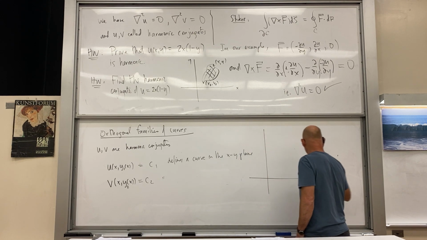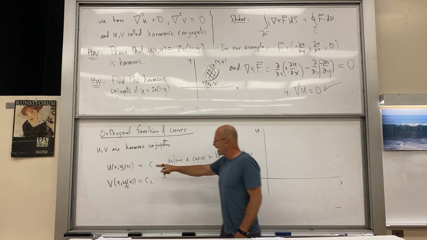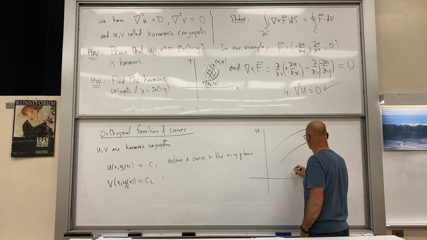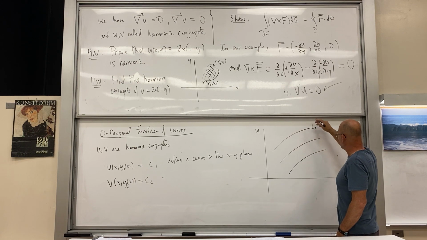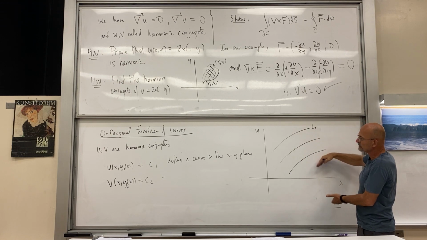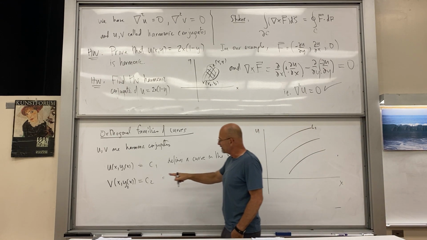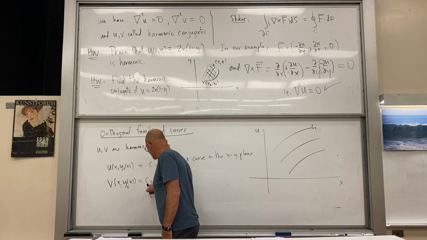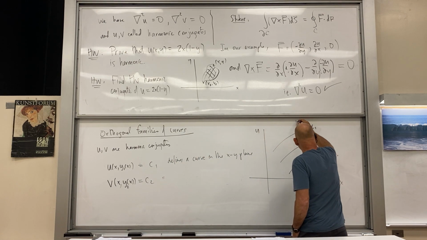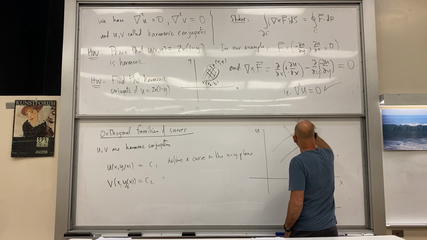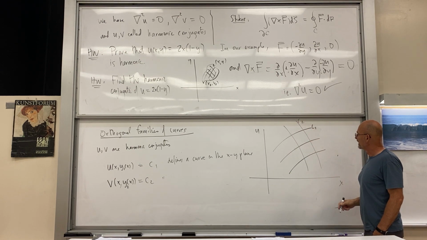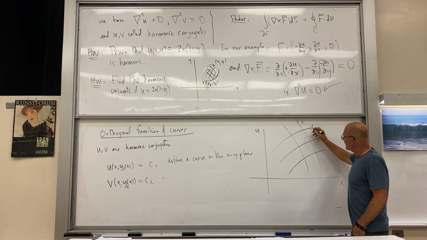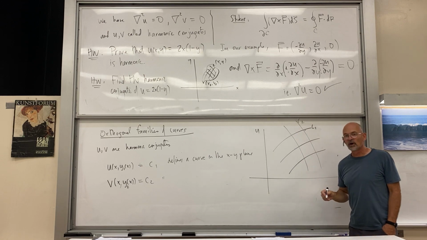And so you could be here in the xy plane, and u of x, y_1 of x could be this family of curves. So c_1 takes on different values, and you get a family of curves here. And then v of x, y_2 of x equals c_2 would define another family of curves. So this one could be c_2 taking on a value. And I've kind of drawn what a theorem states, namely that these families of curves are orthogonal.